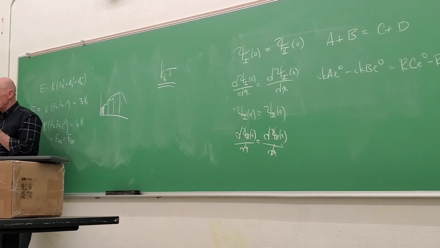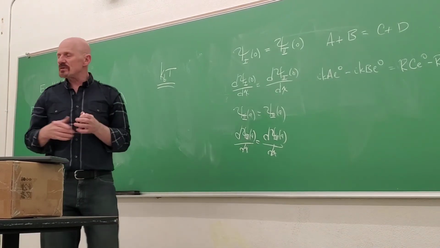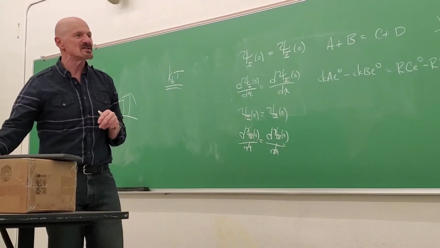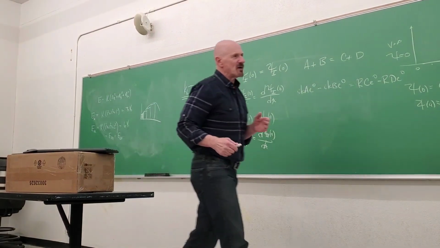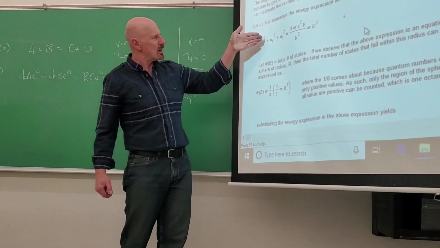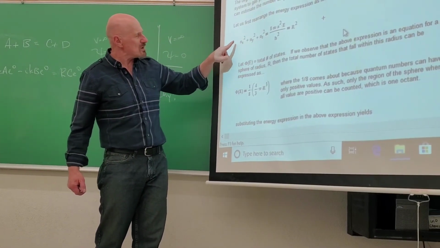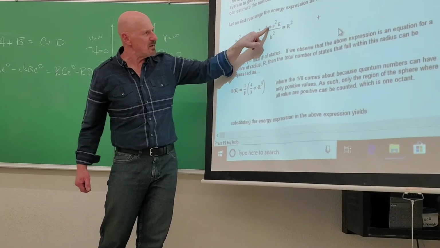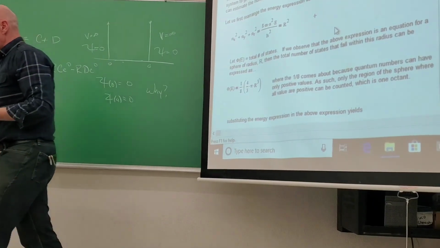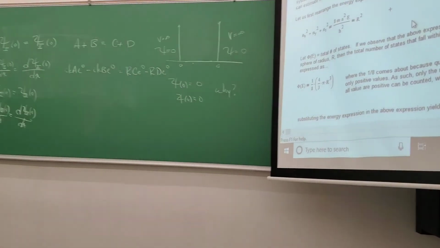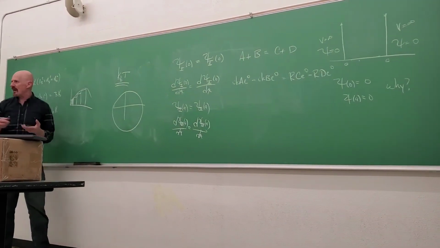To do that, I just do a hand-waving kind of argument, but we will do this more precisely later when we do quantum statistics. I recognize that if I have E as h squared over 8ma squared times nx squared, and I rearrange this, with nx squared, ny squared, and nz squared, I get this energy equality. That's essentially the equation of a sphere. In this hand-waving argument, I create a sphere. This is a two-dimensional representation, but now we're talking about 3 dimensions.